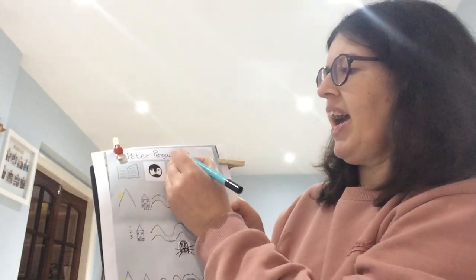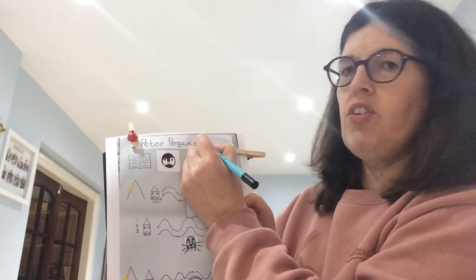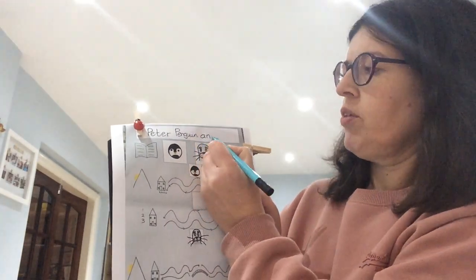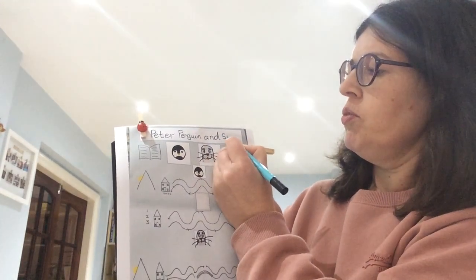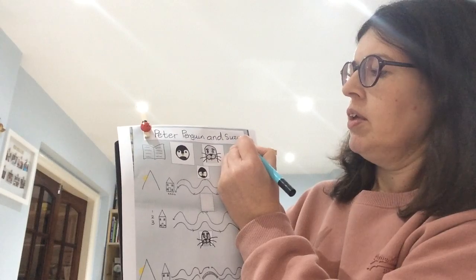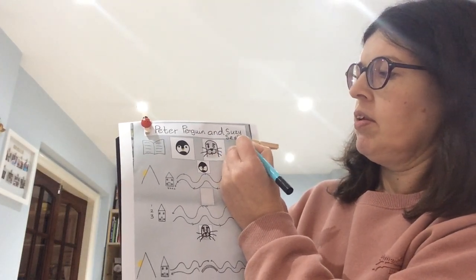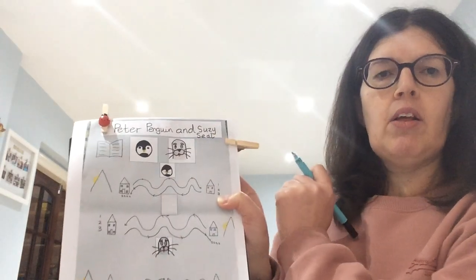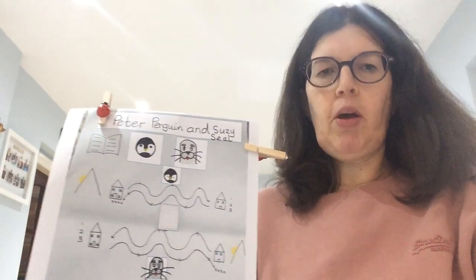There we go. And you can't see what I'm writing very well, can you? Susie. We'll have to put Seal under here because I've nearly run out of space. Seal. Peter Penguin and Susie Seal. So that's my title for my story.